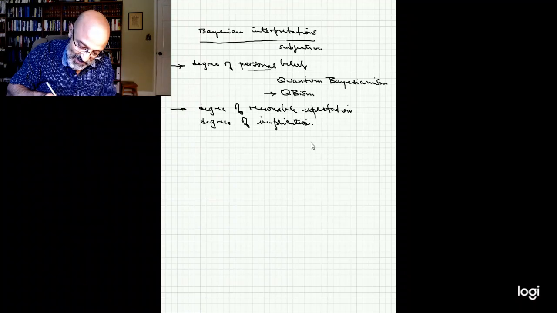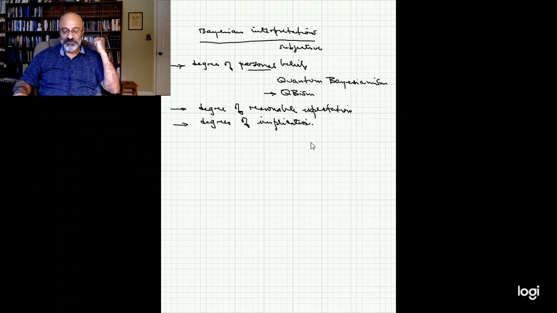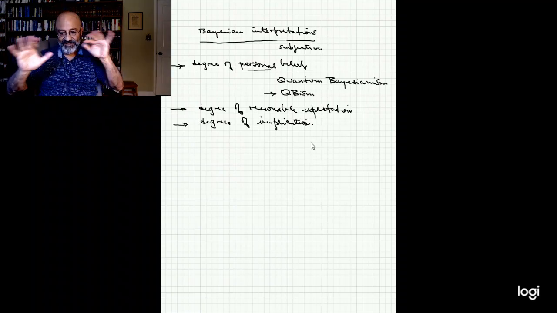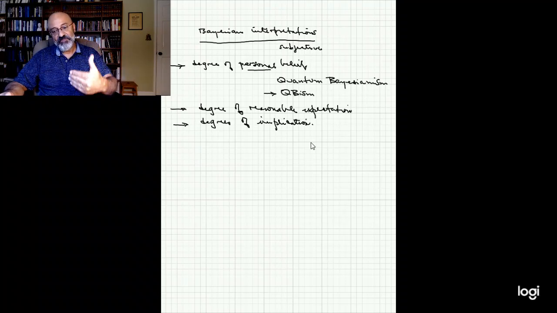This is what this approach wants to formalize, and it's very successful. Our local proponent of this kind of theory is Kevin Knuth. When you see him drawing different little lattices and thinking about doing inference, he's adopting Bayesian interpretations of probability, in which the probabilities are degrees of implication.